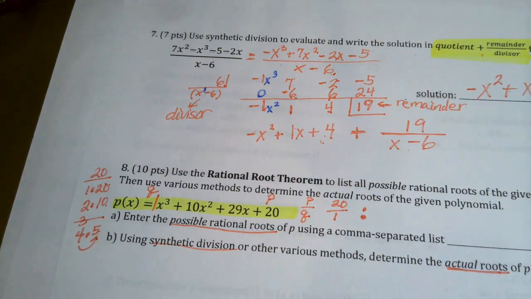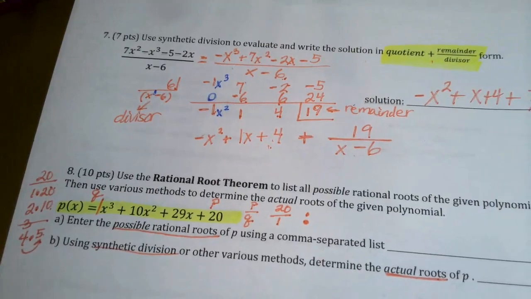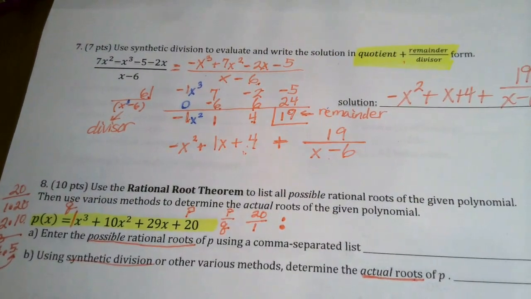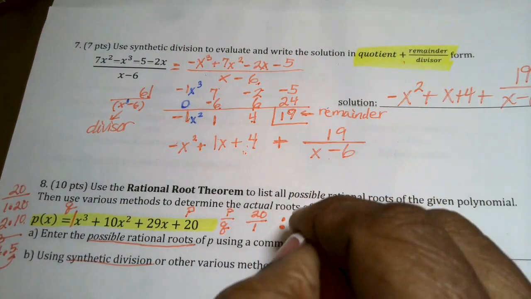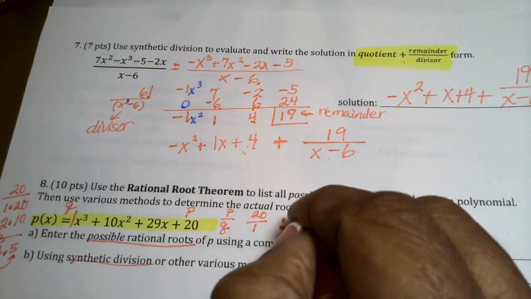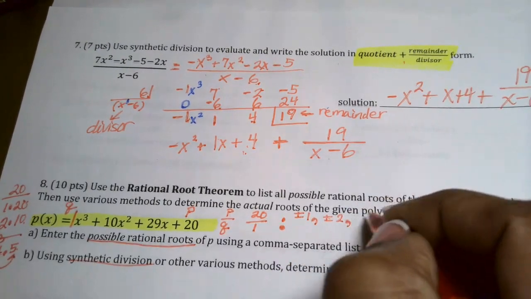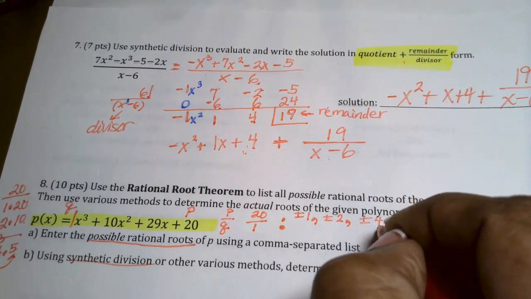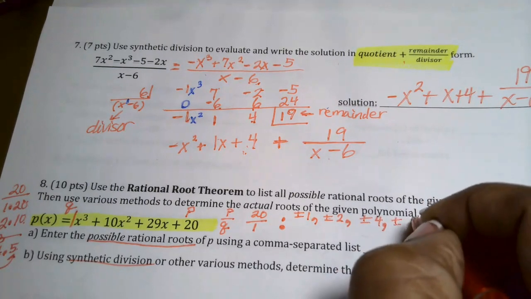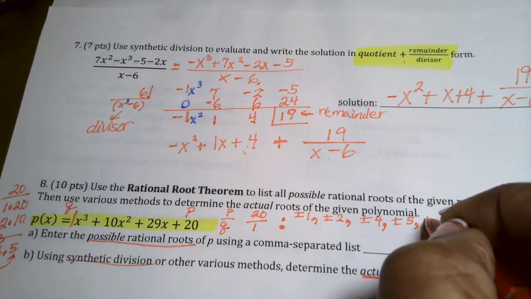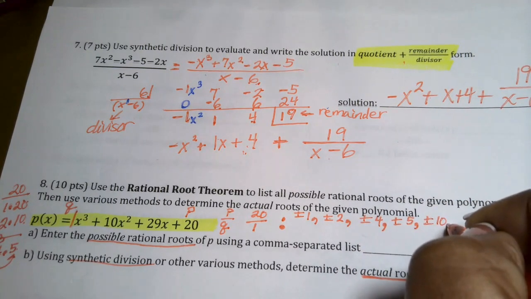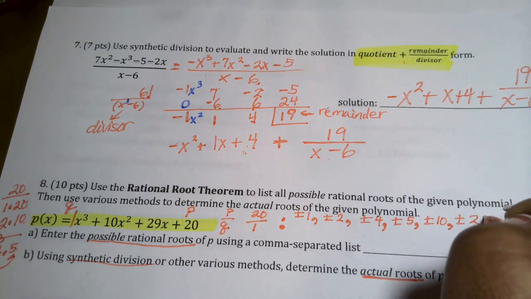Those are the factors of 20. So let's list those positive and negative counterparts in the numerator. Plus or minus 1, plus or minus 2, plus or minus 4, plus or minus 5, plus or minus 10, and plus or minus 20.